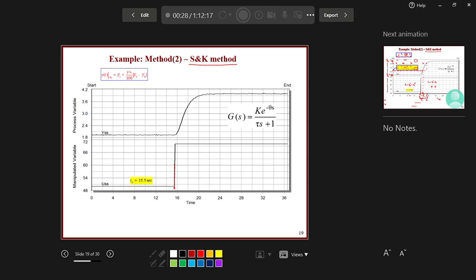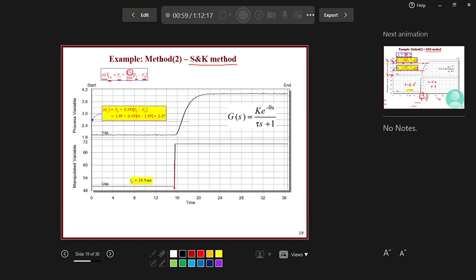To calculate the T1 and T2, remember that T1 is the value of Y at 35.3% of its value. So we need to apply this equation, which says that Y at a certain percentage is equal to the first steady state plus the percentage that we need for T1 and T2 divided by 100 times the second steady state minus the first steady state.